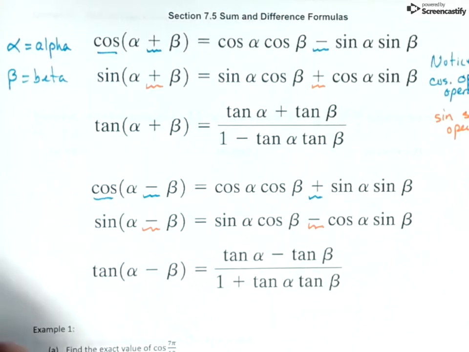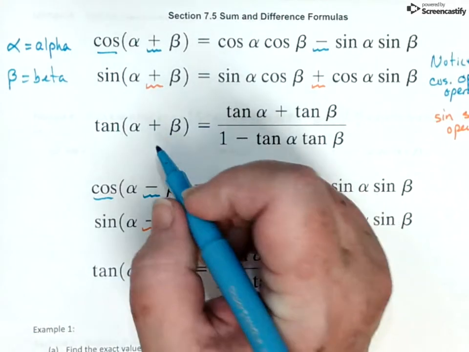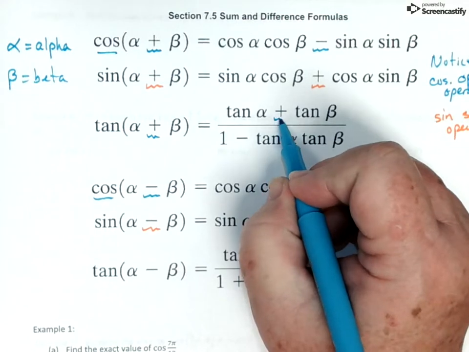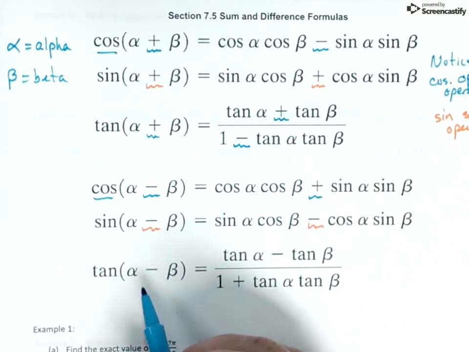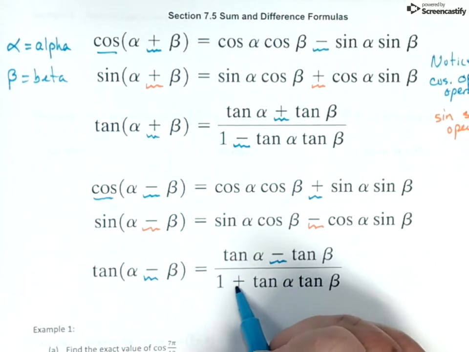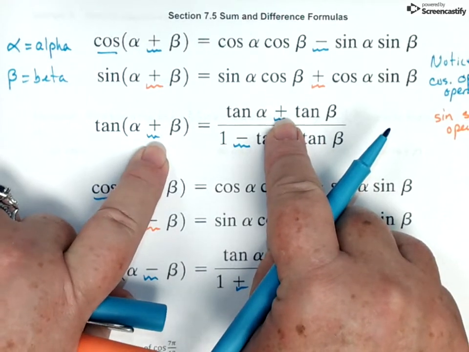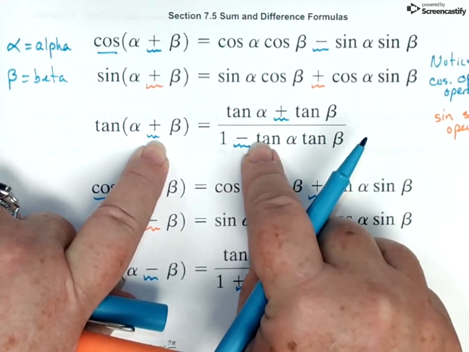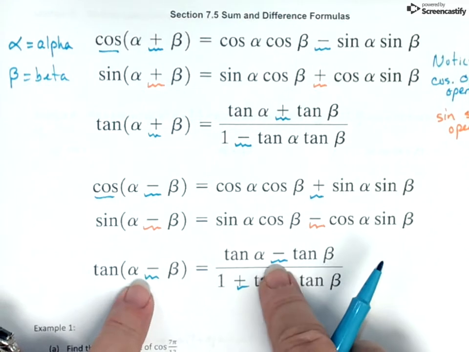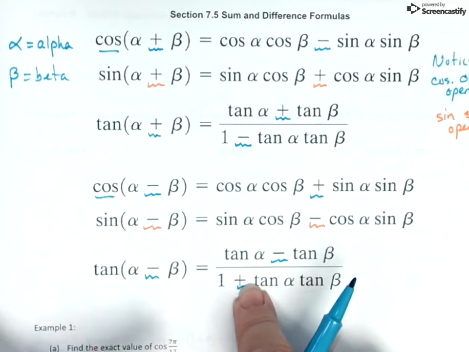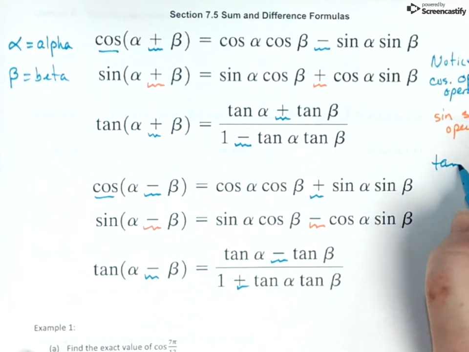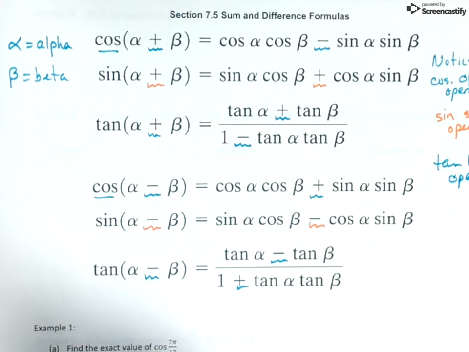And tangent is a little different, because tangent gives us one of each. On the top, it matches the operation. On the bottom, it is the opposite. On the top, it matches the operation. On the bottom, it's the opposite. So tangent's a little different. It gives us both operations no matter which one we are actually using.